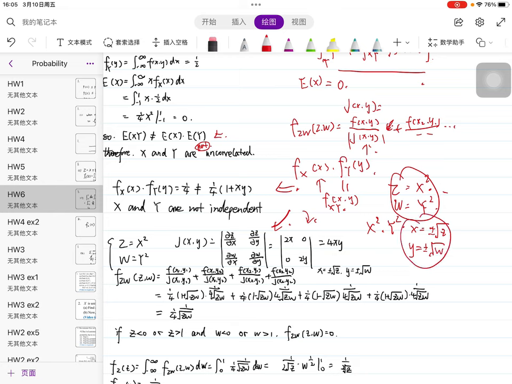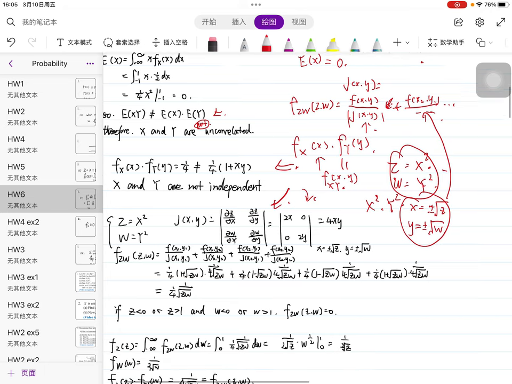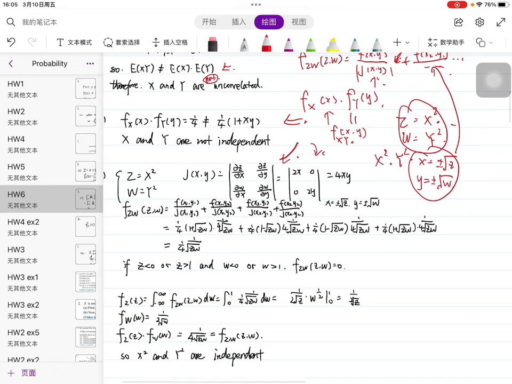So we substitute back into this fundamental theorem formula. We could solve that Z and W's joint density function is like this, right?